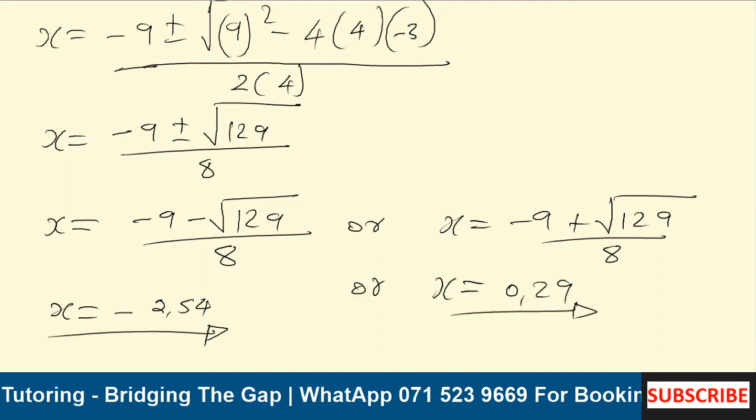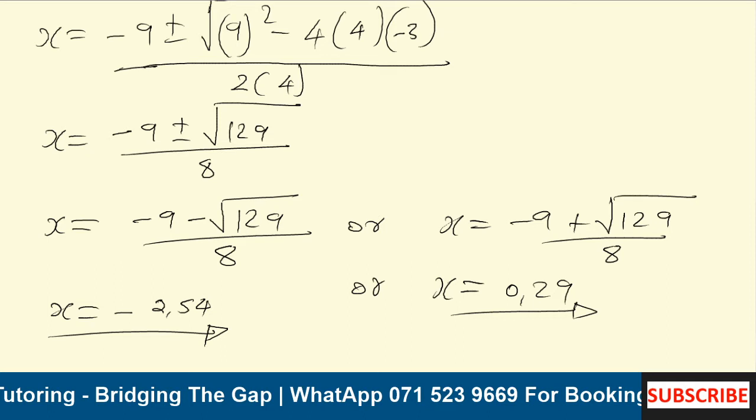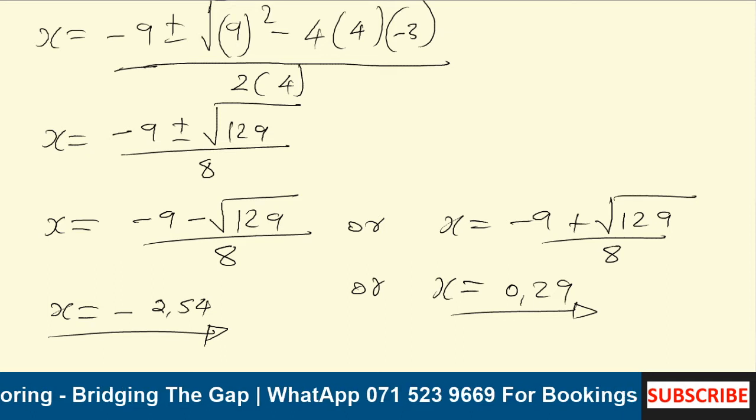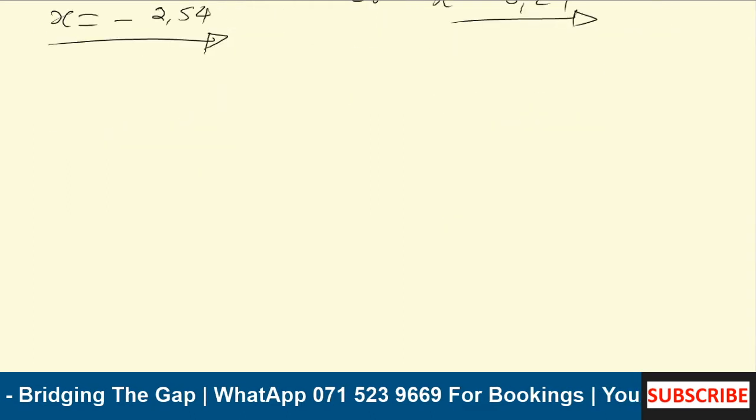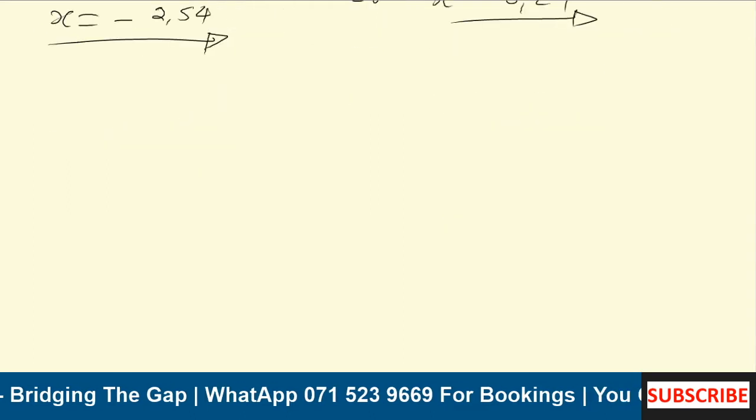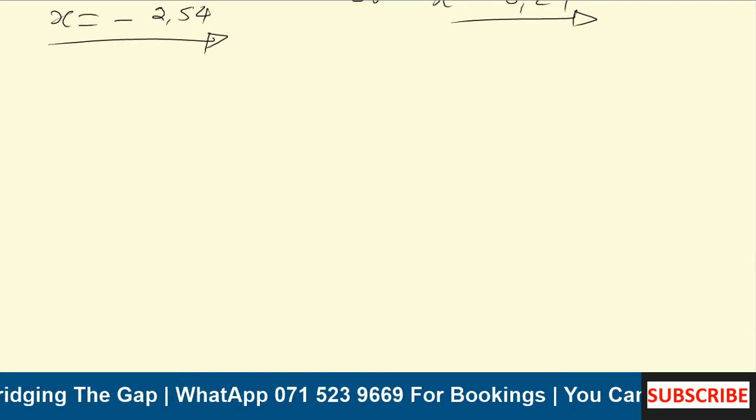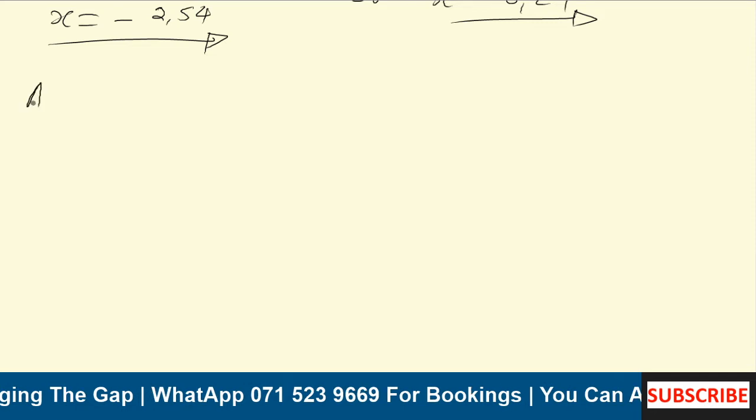But alternatively, you could have solved this question by completing the square. I think we should also look into that. It will help you understand how to complete the square, and then you're going to have options of which one to go with. So the alternative method.